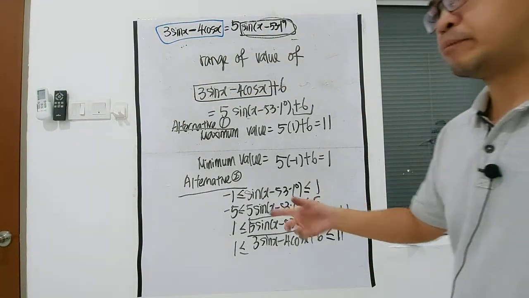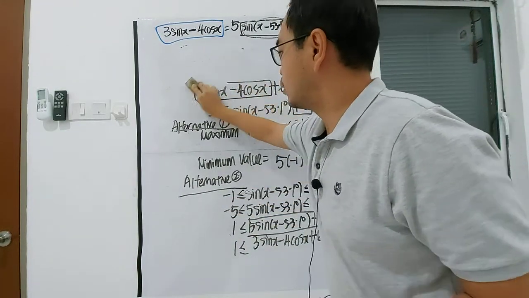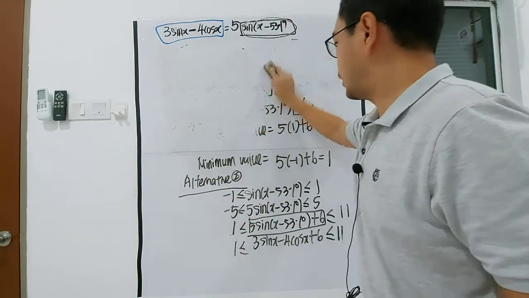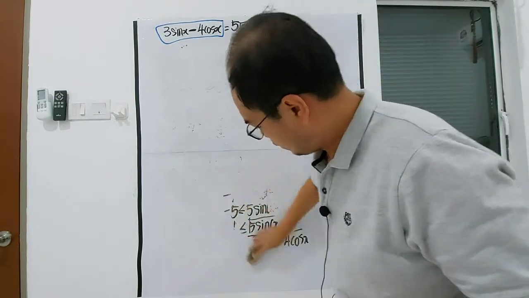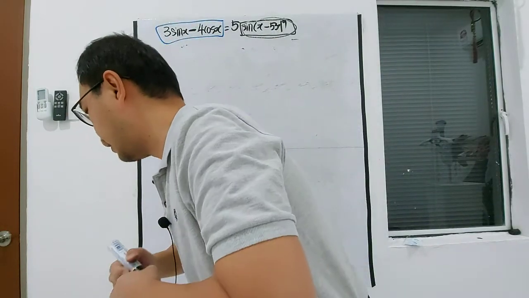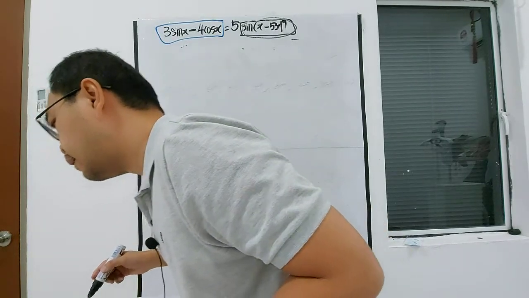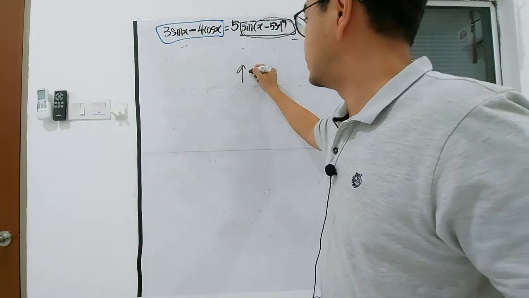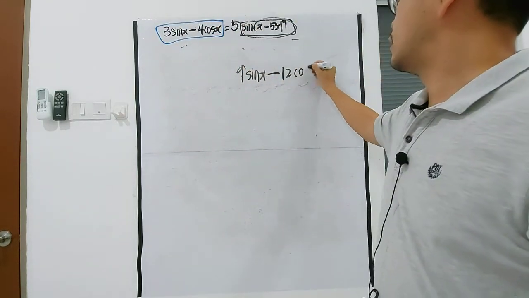All right, I give you another example for more variety. How if the question asks you in this way: 9 sin x minus 12 cos x.